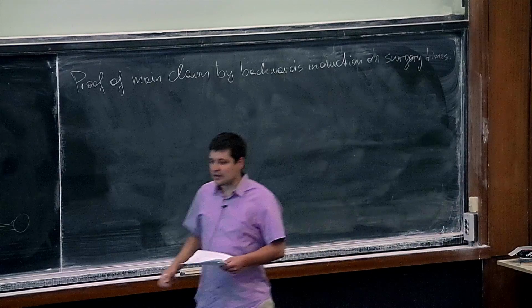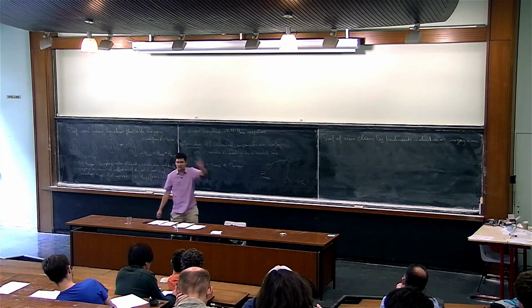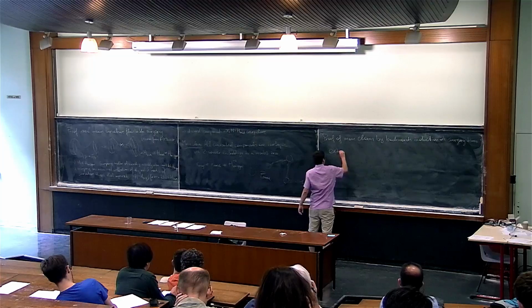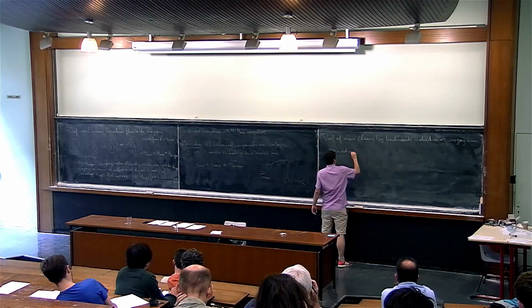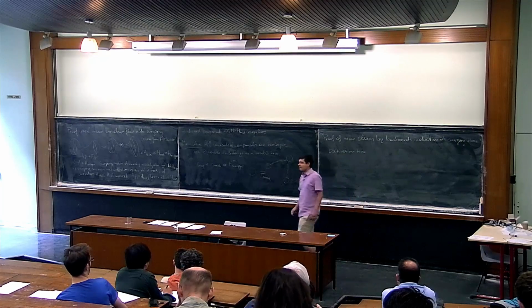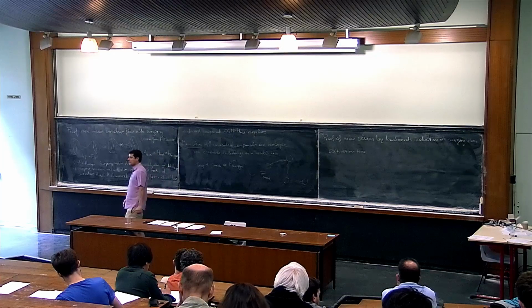So to get the induction started, we have to look at the extinction time, the final time where the flow becomes extinct. But at the extinction time, all connected components are entirely covered by canonical neighborhoods.